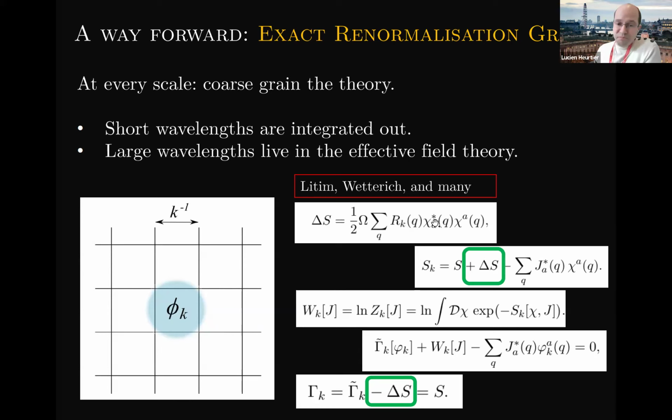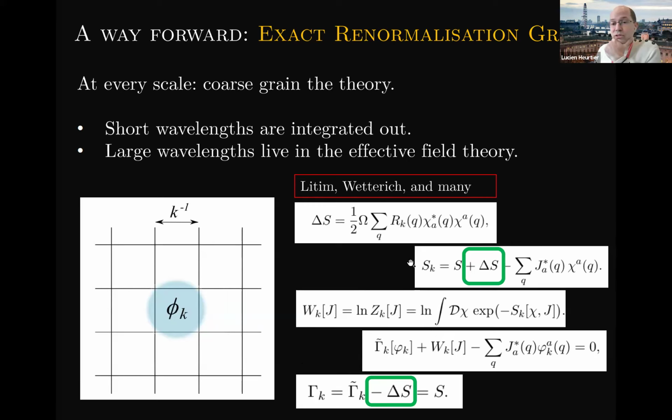But then you plug that into your path integral, and you can then define your effective action gamma. Sorry, I'm mixing up notations here, but whatever. That's the little trick in the Wetterich procedure: because you know that you have added an extra piece to your action, somehow you want to remove it from the theory at the end.